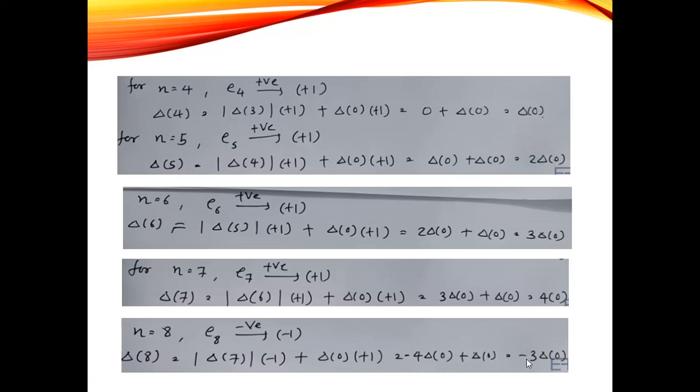In such a manner, we will find all the outputs. For n is equal to 3 and n is equal to 6, it is 3 delta 0. In such a manner, we will find all the samples up to n is equal to 8. This is called the determination of step size.